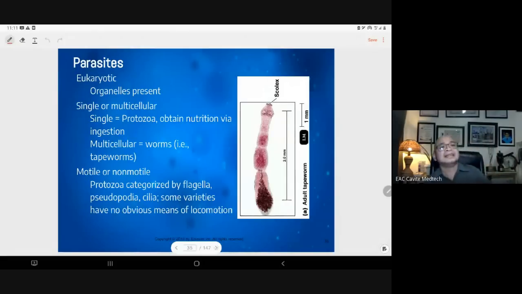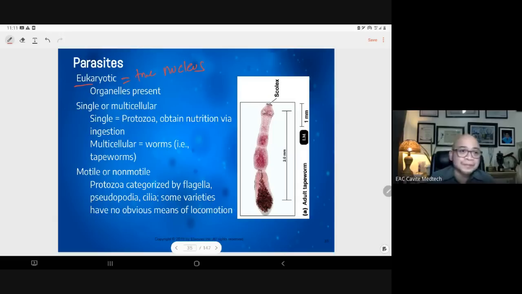Okay. Now, parasites. You have already studied parasitology when you were in second year. And of course, parasites are an example of eukaryotes. When you say eukaryote, it means that they have a true nucleus. They have a nucleus, organelles are present.